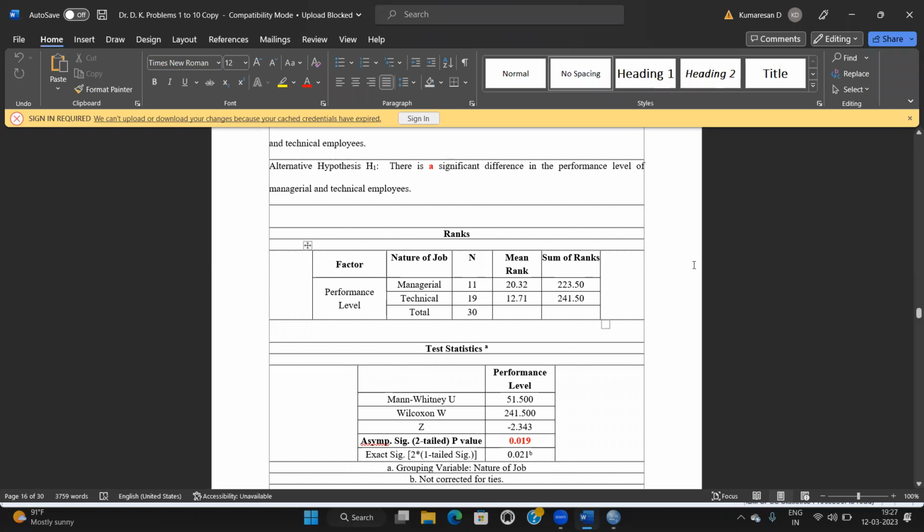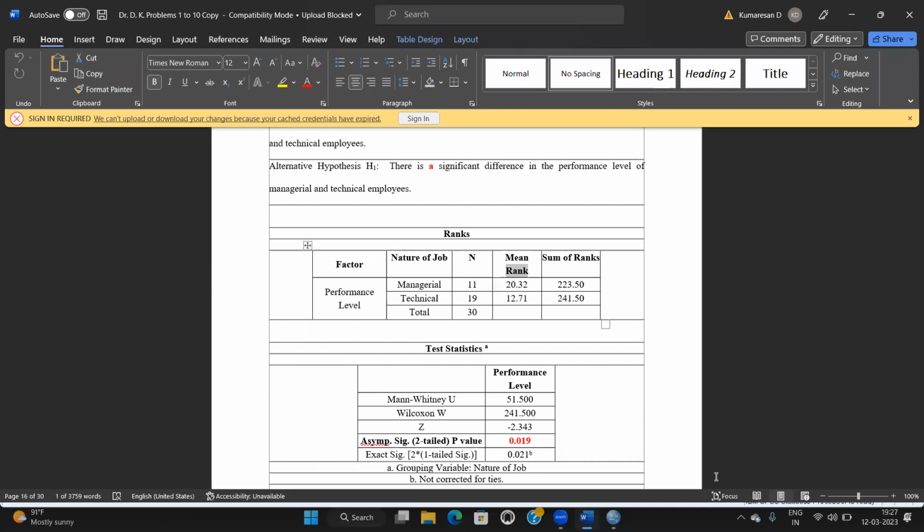If it is mean value instead of mean rank, like in the independent sample test, the higher score will be considered the better one. But here, since the mean ranks are given, we draw the conclusion based on the lower rank.